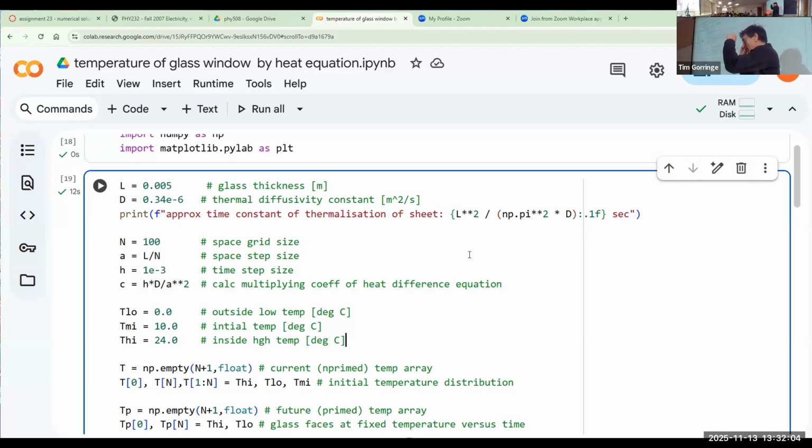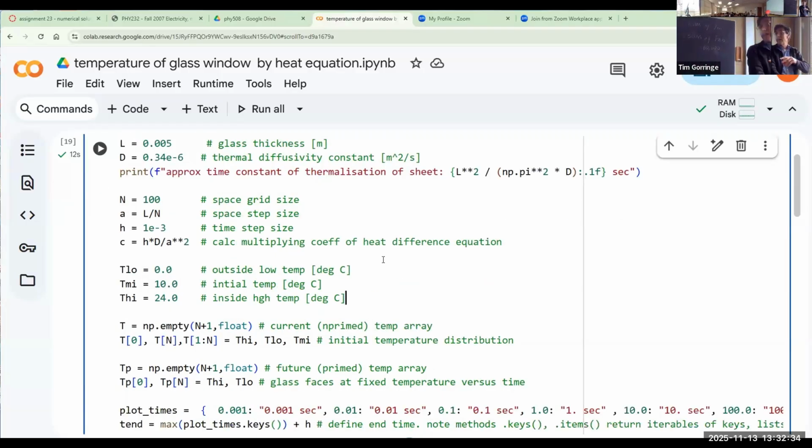Because then you've got meters squared divided by meters squared per second, and we get a time. So I think you can sort of wave the hands and understand all the contributions. They make physical sense, and the units make sense. Of course, I'm not explaining the pi squared. That comes out of the diffusion equation. That's why you solve the diffusion equation. And we'll see what this number is, and we can compare it to our calculation. It's just a sort of benchmark.